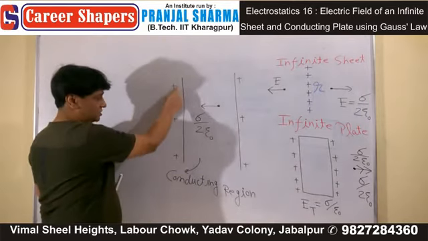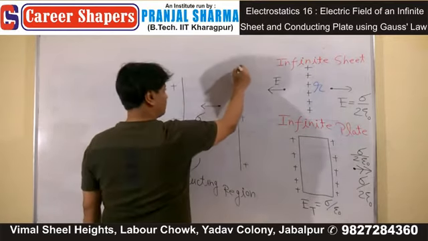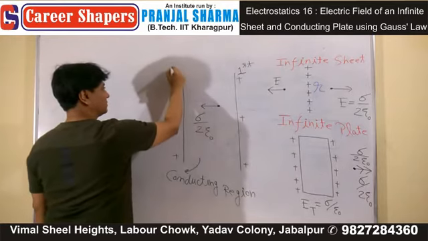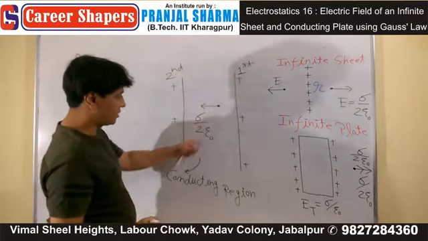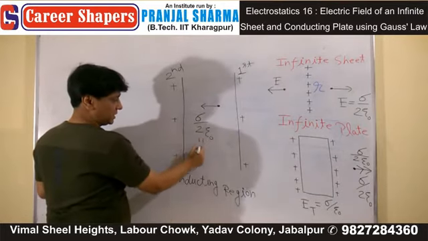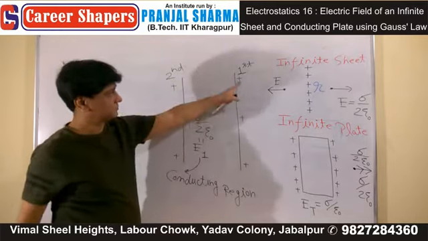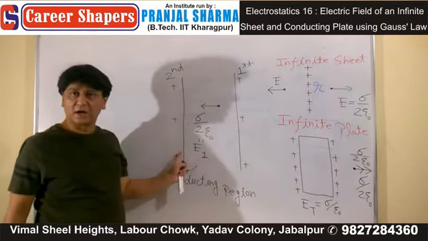Now look at this second layer. Let's call it first layer and second layer, to remove the confusion. This electric field is of the first. This arrow is for the conducting region.